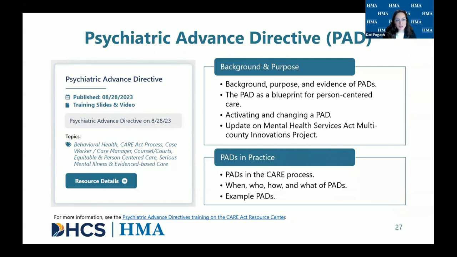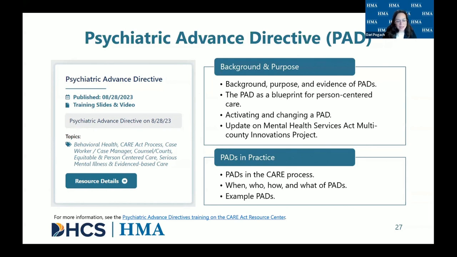So another tool that can be really effective, if available, is the Psychiatric Advance Directive. I'm really proud to say we also have a training on this in our CARE Act Resources Library, which gives a lot more information.